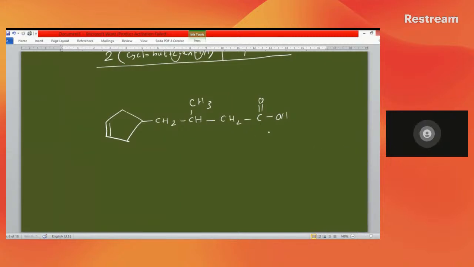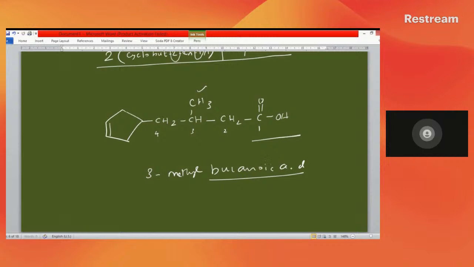How do you give the numbering? This is the way by which you can give the numbers 1, 2, 3, 4. So the parent compound must be butane. As it is a carboxylic acid, it can be called butanoic acid. The branch is found at third position, so you can write 3-methyl butanoic acid.